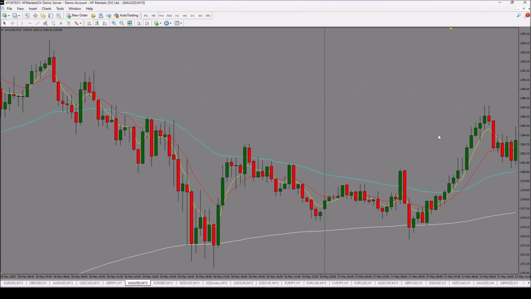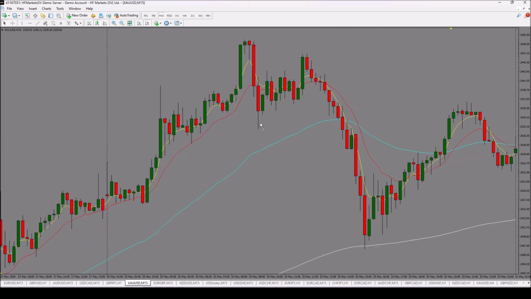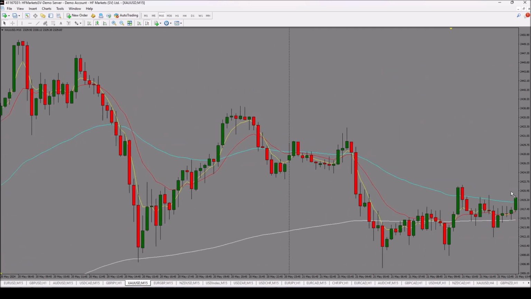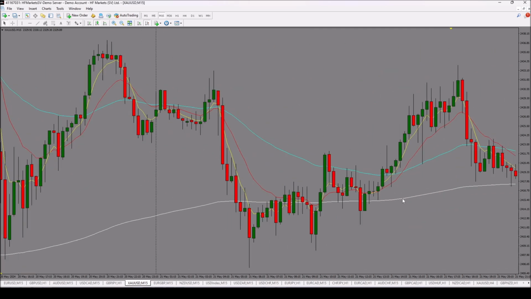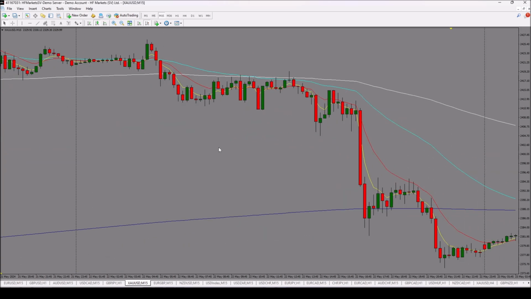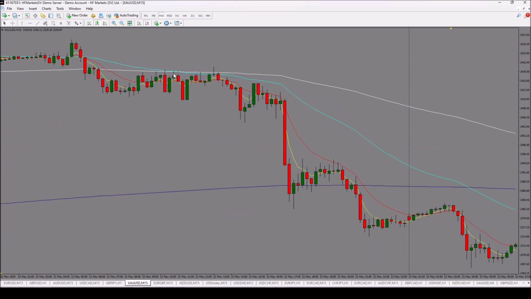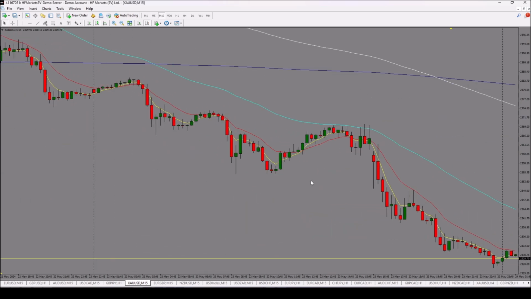We wait again for the crossover of the 50-200 EMA, and then we wait for the retest of the 200 EMA. In this particular case, we saw a 50-200 EMA cross that occurred here. Then after that, the market came to the 200 EMA, and then we can see a 5-13 EMA cross, and the market went in our direction.